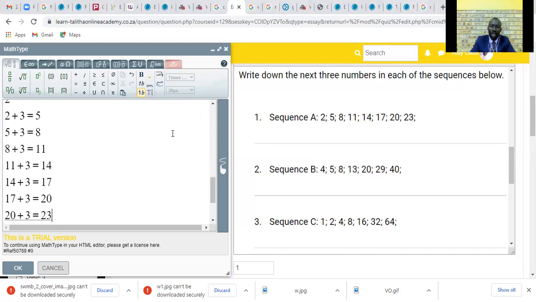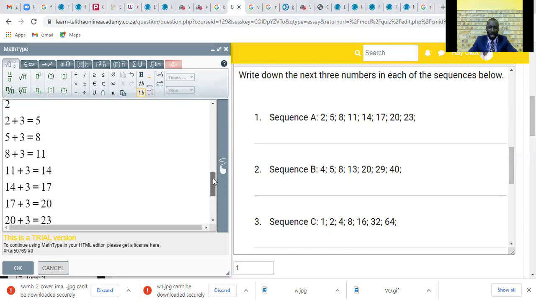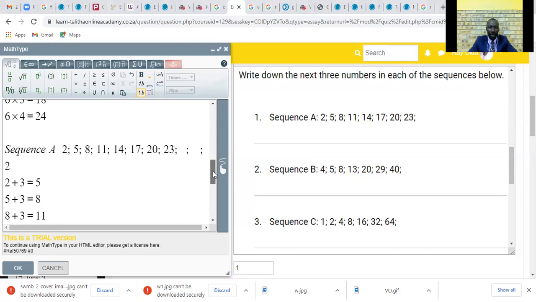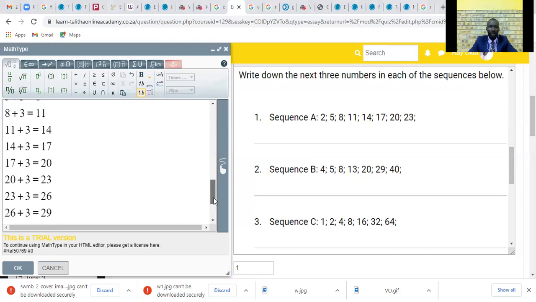We also want to find out onto 23, when we add 3, what do we get? We get 26. And now, we also want to check onto 26, when we add 3, what do we get? We get 29.